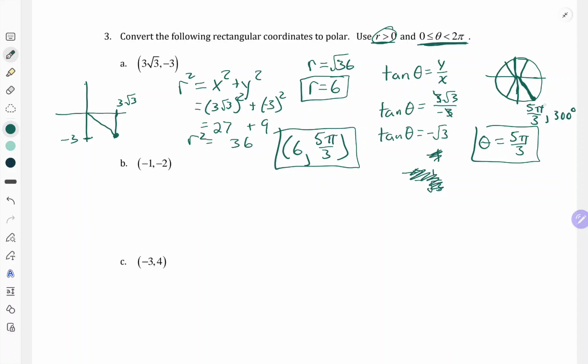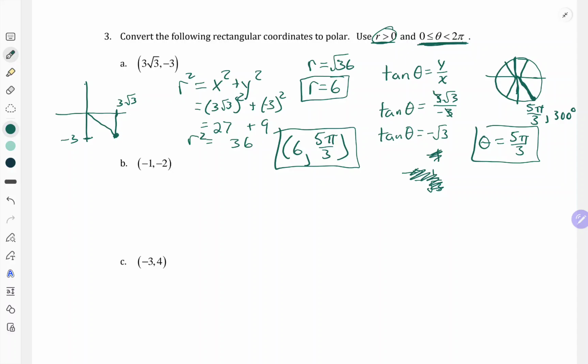So it's a roundabout way if you don't know the radian unit circle values, but it would work. Just take inverse tangent on your calculator, see what it gives you in degrees, make sure you get that between 0 and 360, and then just convert that back to radians. It is looking for a radian angle because it did say it wants that 0 to 2 pi. So this 6, 5 pi over 3 would be our final answer.